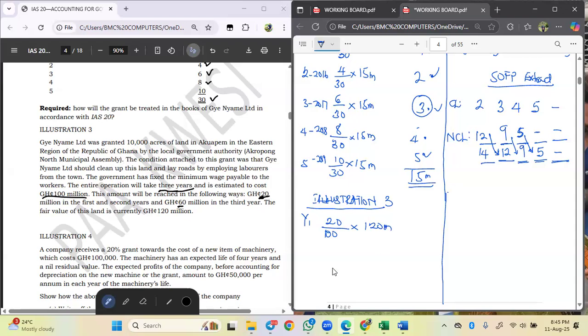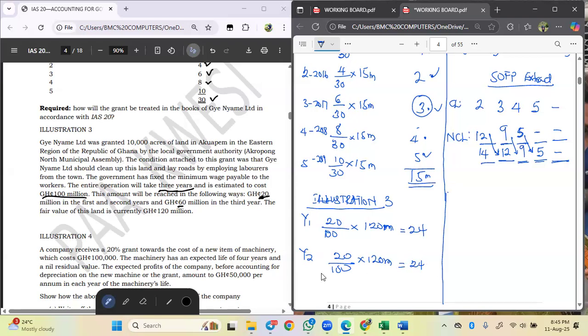So times 120 million. So in year 1, they are going to get grants of 24 million. Year 2 is just 20 million over the 100 times the same fair value of land. That one will also be 24.